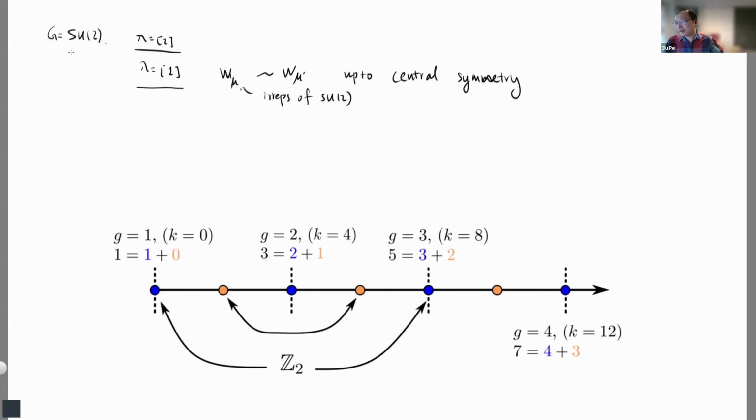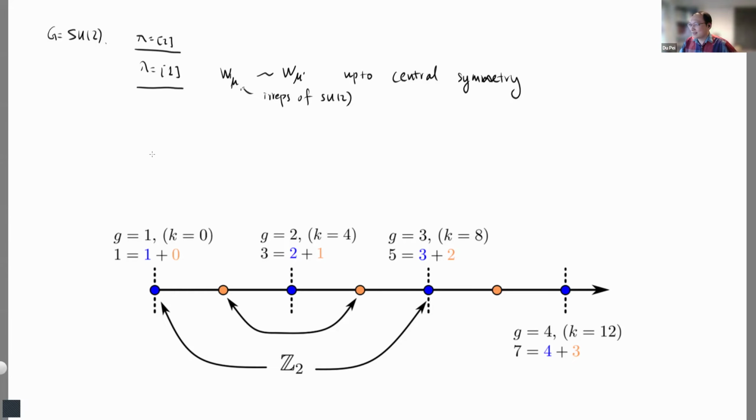So the center of the gauge group, in this case a Z2, would represent the symmetry. And two Wilson lines turn out to act in the same way if the difference is by elements in the center. This is roughly because the boundary fermions are charged in the adjoint representation. Therefore, they cannot see the center.